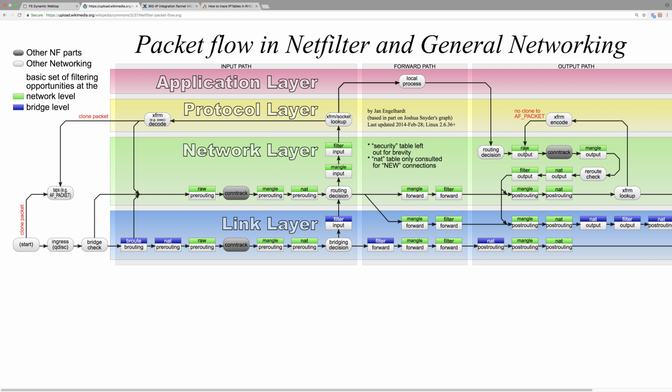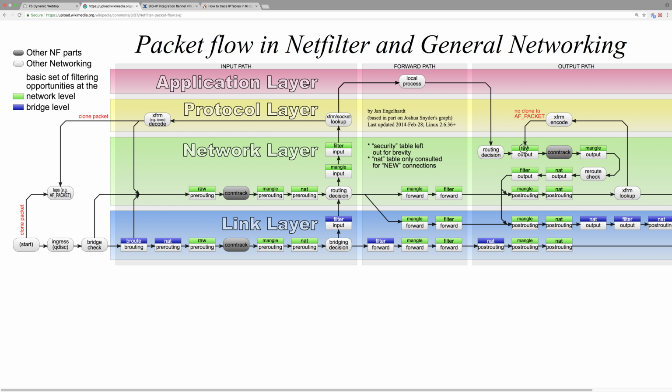This is all the netfilter packet path for a locally generated packet. Then it comes down and branches out to mangle postrouting. So we don't have a routing problem.